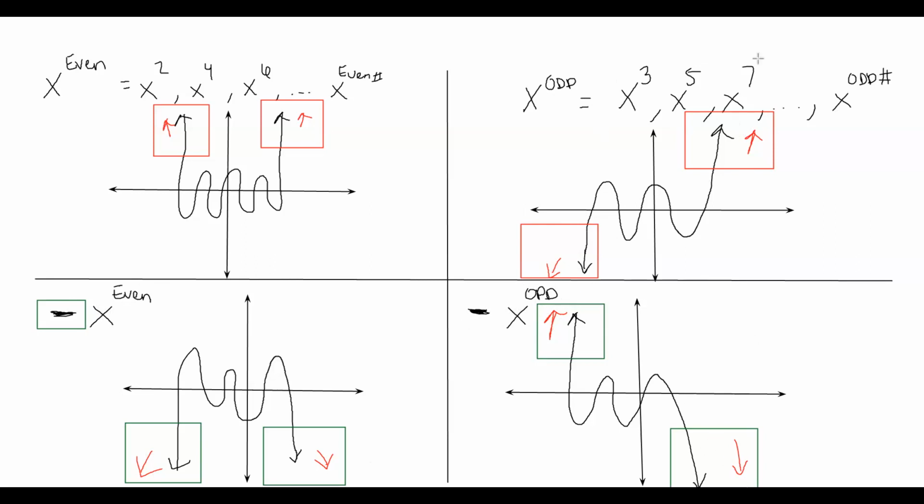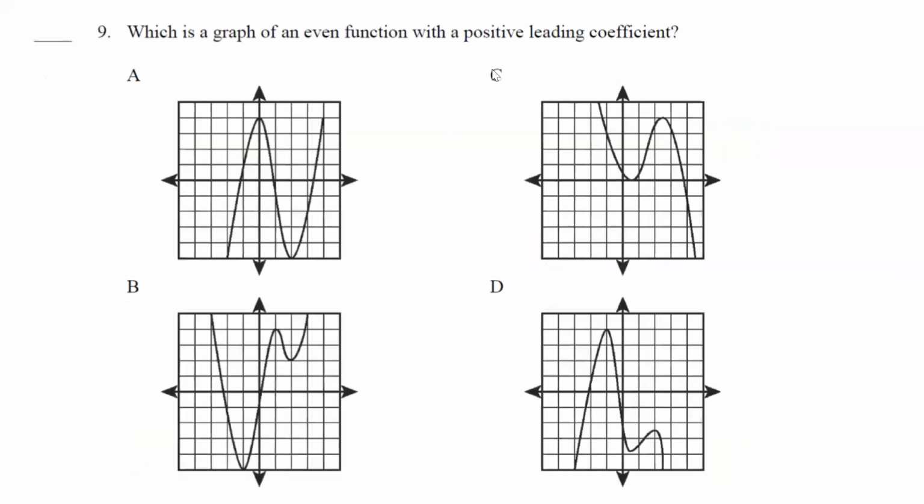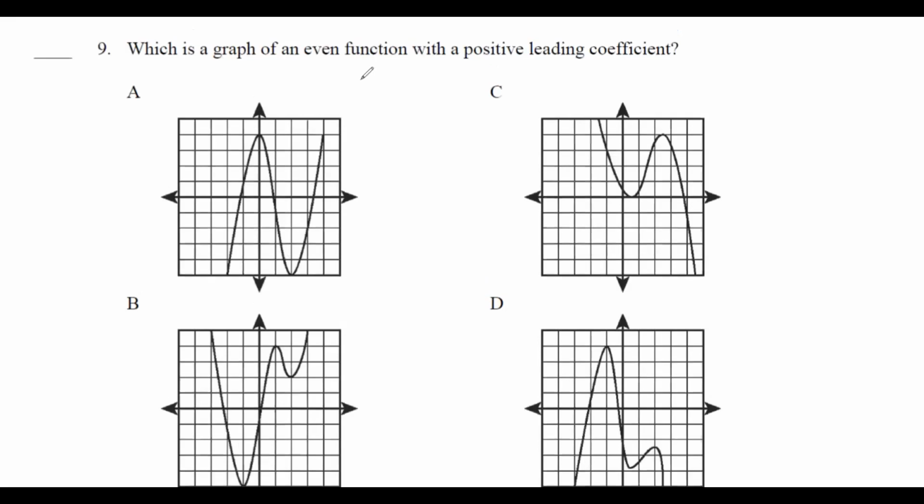All right. Now let's analyze what's given. Let's go back to our equation, this one right here. Number 9 says, which is a graph of an even function with a positive leading coefficient? So what are we looking for?